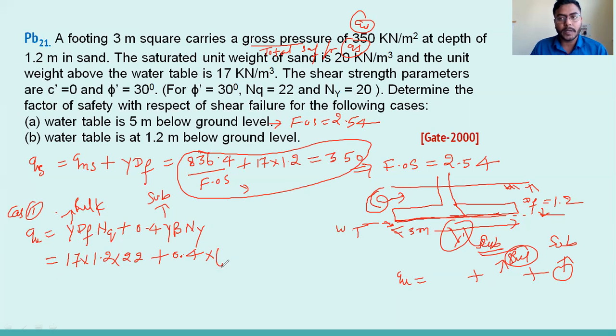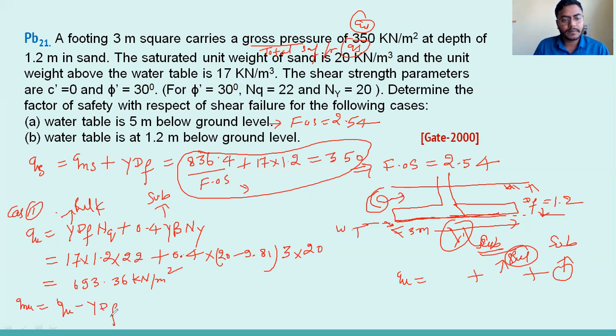So submerged we can write saturated minus unit weight of water. Saturated is given 20, unit weight of water is not given in the question, so you can write 9.81. B is given 3 into N gamma is given 20. So we'll get this value I've calculated, that is 693.36 kilonewton per meter square.